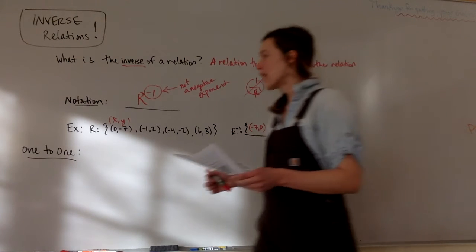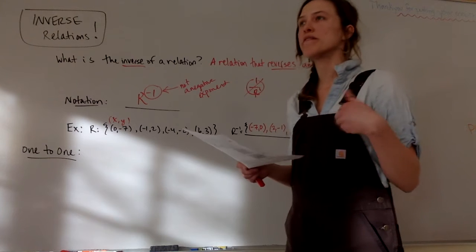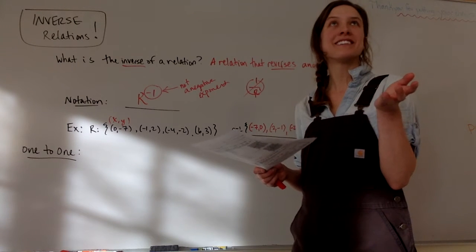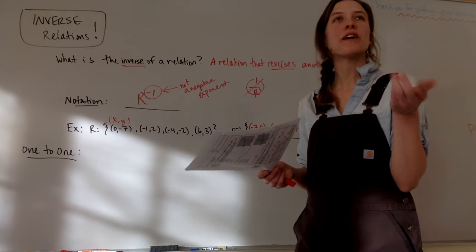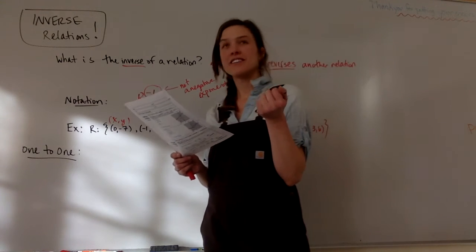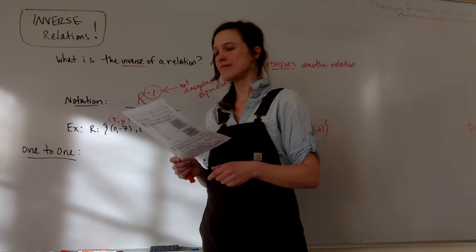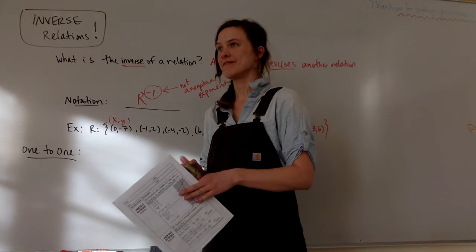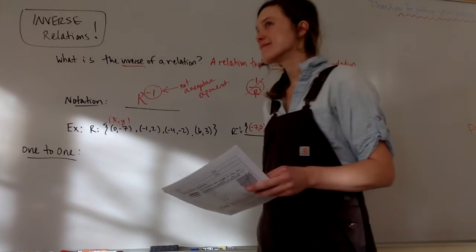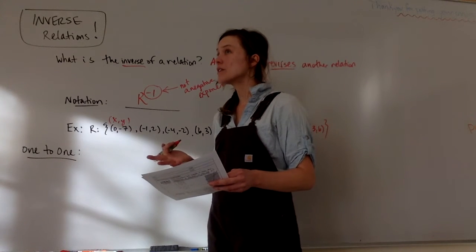Okay, so when we're dealing with inverses, we're going to be dealing with one-to-one functions. Does anyone remember what these are? What do you think a one-to-one function is? Is it when a function equals another function? Kind of close.